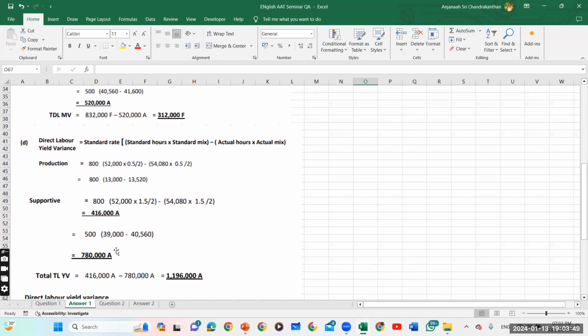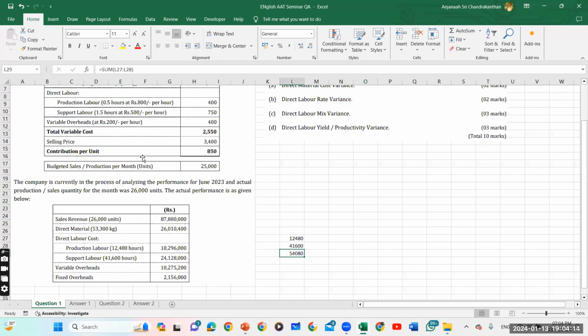Direct labor yield variance, then we have: you take the standard rate multiplied by the standard hours on actual production into standard mix, minus total actual hours on actual production multiplied by actual mix. So again, separately, for production staff, 800 multiplied by the standard hours. Now, they have these two rates, hours.